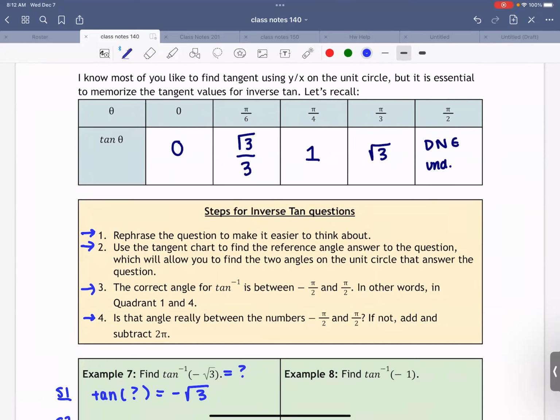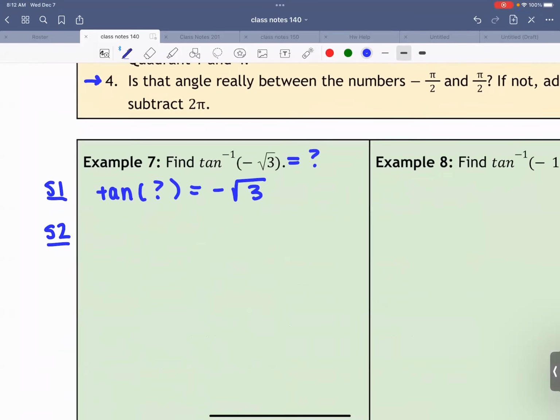Yeah, it's going to be something over 3, right? So looking at my chart, I know this is going to be something pi over 3, right? I know it's got to look like that because the chart tells me what the denominator is going to be.